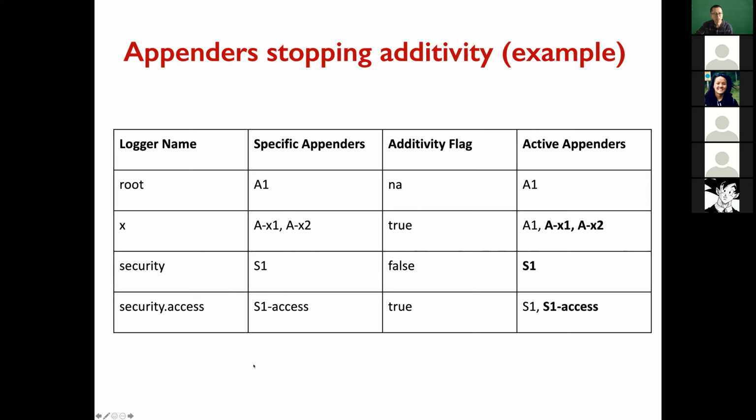And there's another logger with a new appender, and the additivity flag is true, so it will just inherit from security, not from other ancestors, because the additivity flag for security is false. Any questions here?